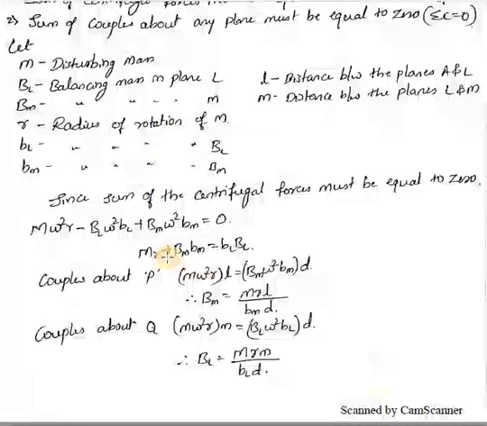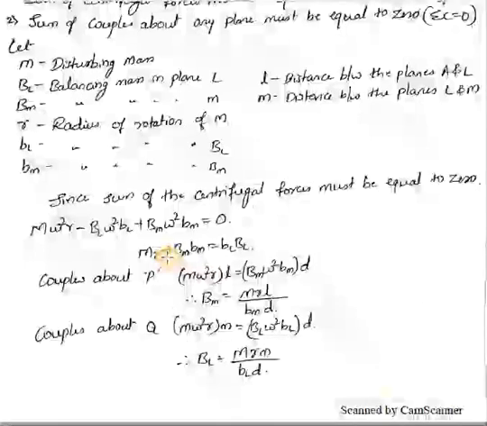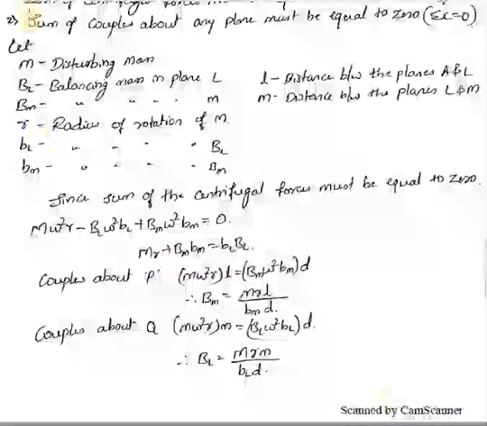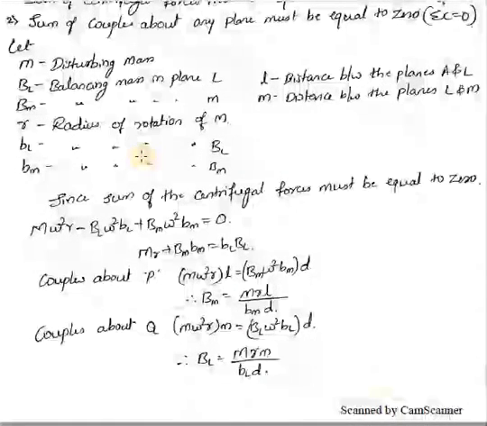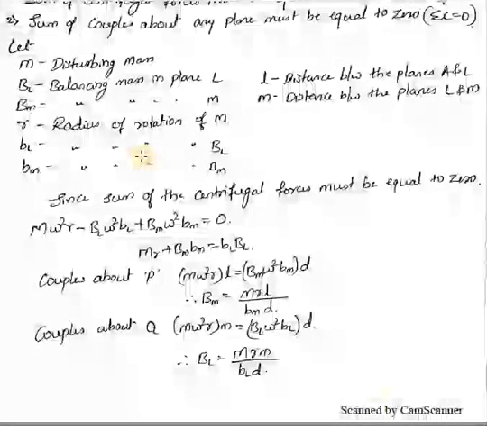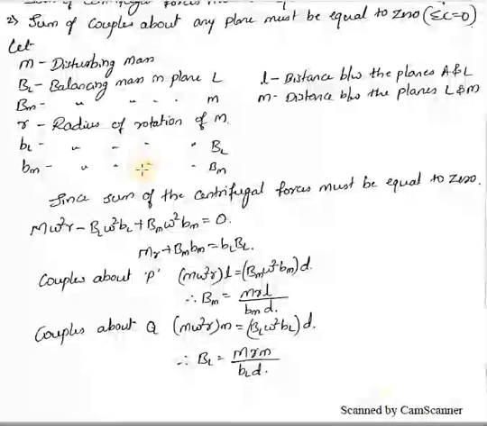Now, the magnitude and position of the balancing mass can be derived by using the conditions that the sum of centrifugal forces is equal to 0 and the sum of couples must be equal to 0. Hence, we need to equate the sum of the centrifugal forces to 0.